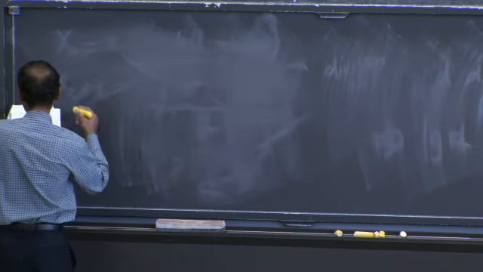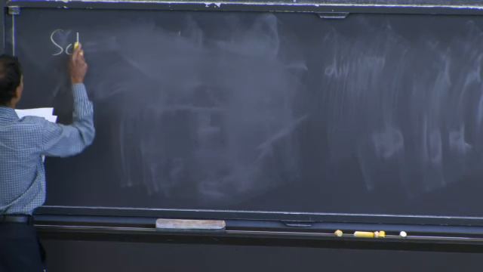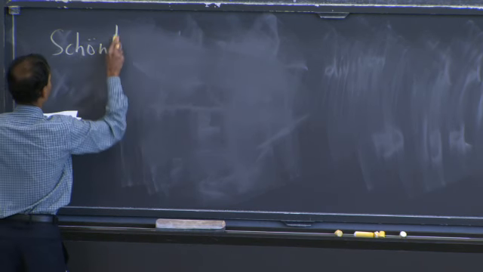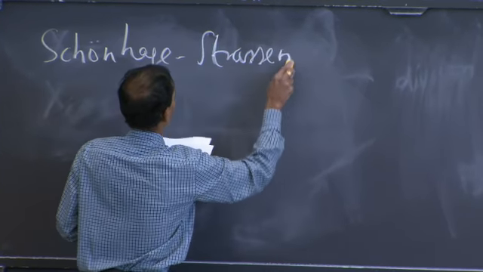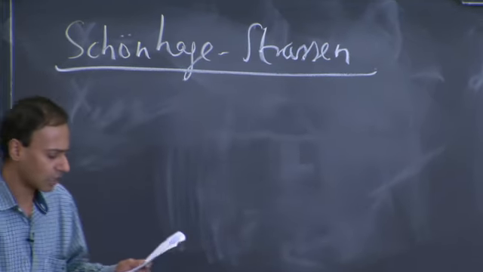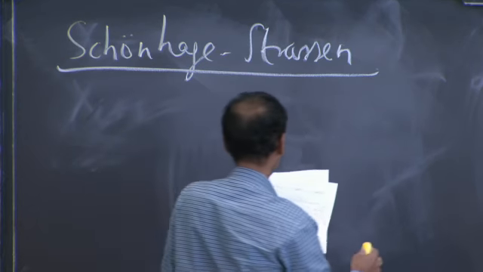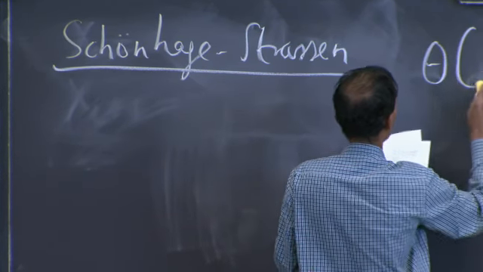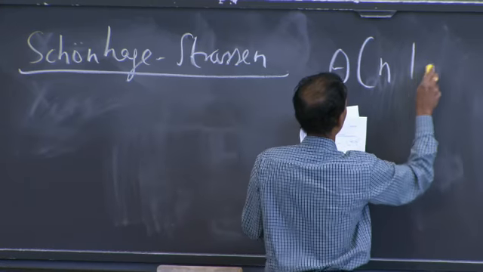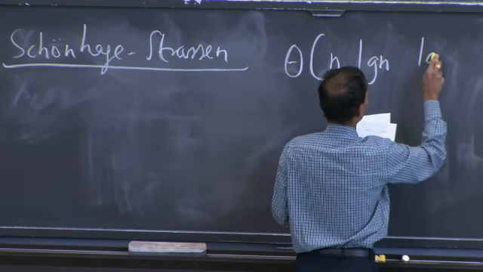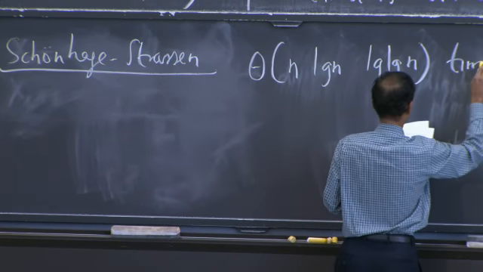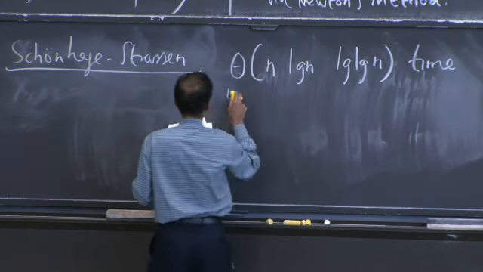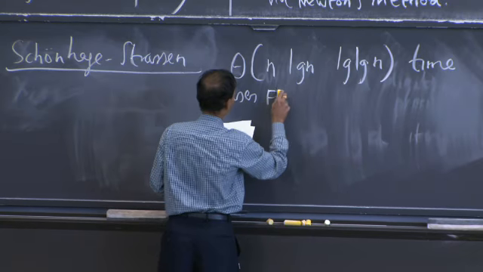And the best scheme till a few years ago was the Schönhage-Strassen scheme, which is almost linear in complexity. It's n log n log log n time. And this uses the fast Fourier transform, FFT.